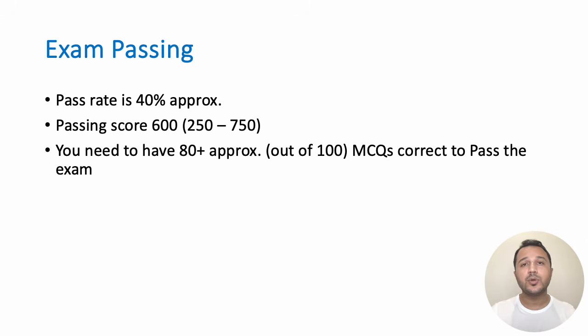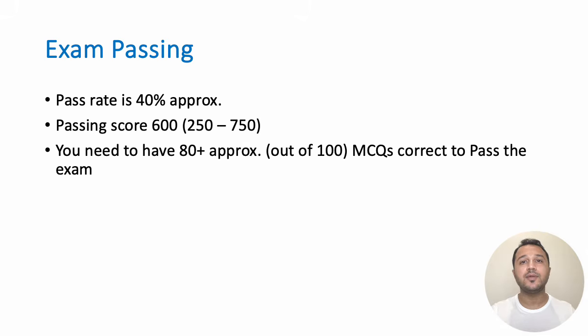The passing score is on a weighted average method, where there is a scale of 250 to 750. In case you score 600 and plus, you would be considered pass, which approximately you can assume around 80% of the MCQs you have to make it correct. But it is not very straightforward, because in the 100 MCQs, not every MCQ is weighted the same.